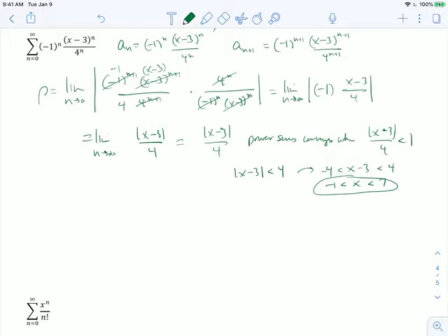So the interval of convergence definitely includes all the numbers between negative 1 and 7, but because the ratio test is inconclusive when rho is equal to 1, I need to check the endpoints separately.